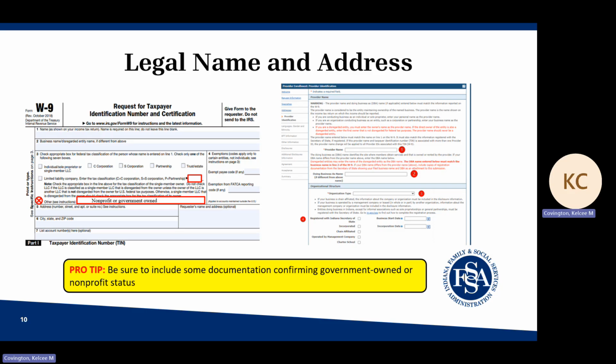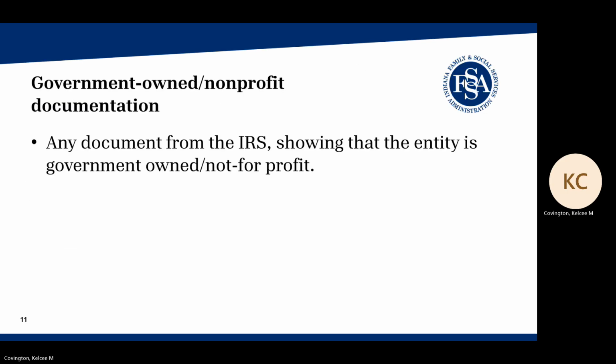The address section of the W-9 should match the W-9 address listed on the address section of the portal application. If you are government-owned or nonprofit, select Other and specify which of the two you are classified as. You will be required to provide IRS documentation proving nonprofit or government-owned status.